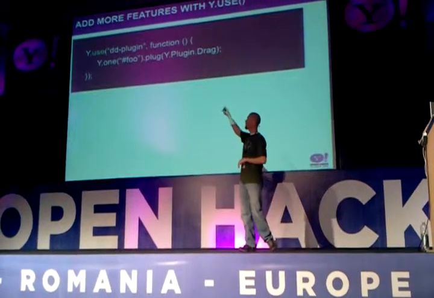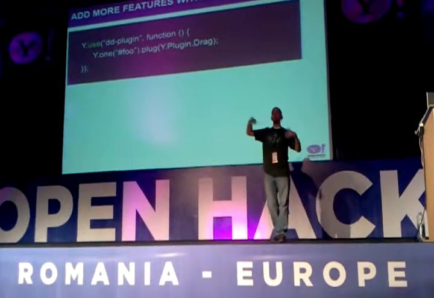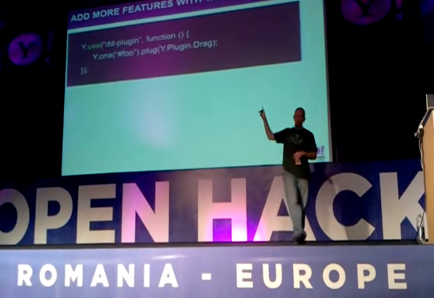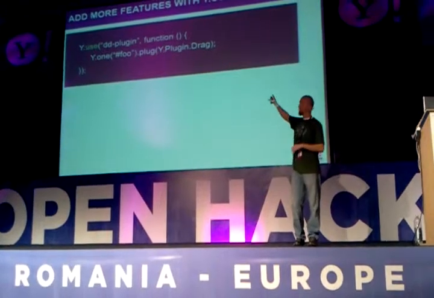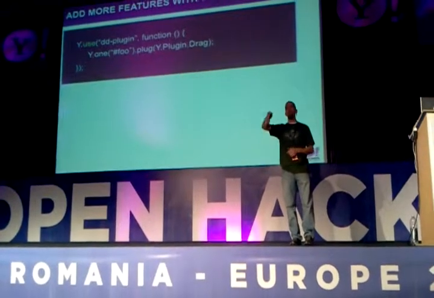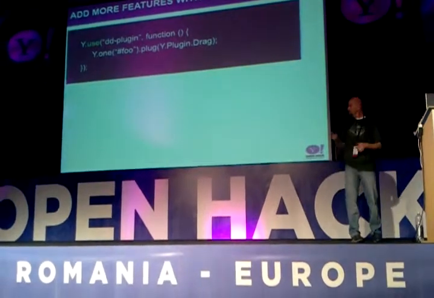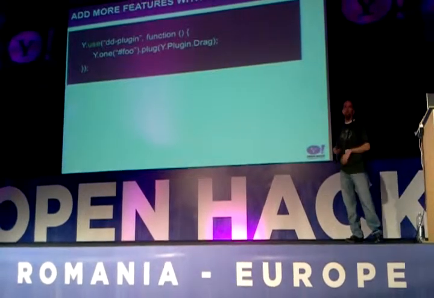So you say, use the plugin here. Okay, so I'm going to add some drag and drop functionality to my page, and now I'm going to capture a node and I'm going to plug in this drag node, and boom, that node you can drag around anywhere on the page, just like that. And all of the dependencies again for the D plugin result.